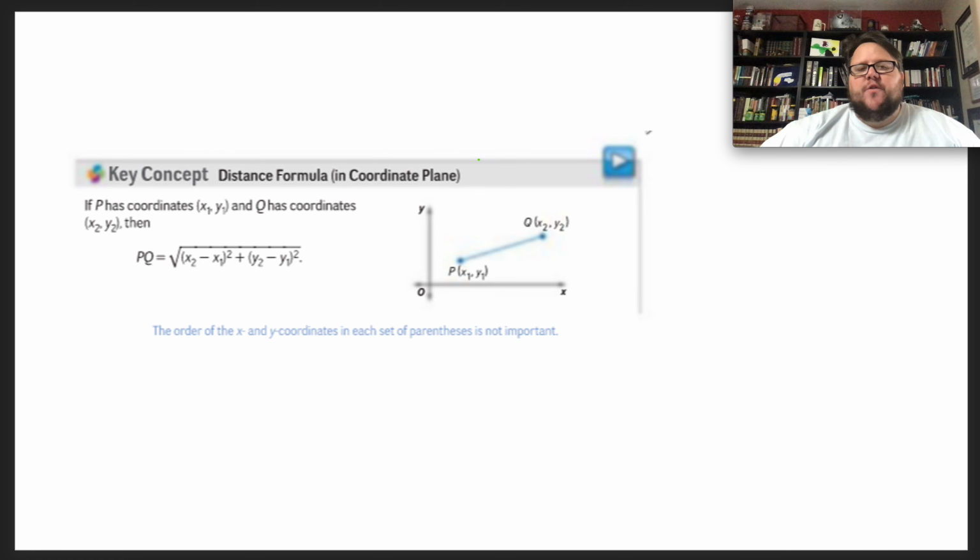When it's on a graph, you have an xy coordinate for both points. So P is x1, y1, Q is x2, y2. And you're going to follow this formula.